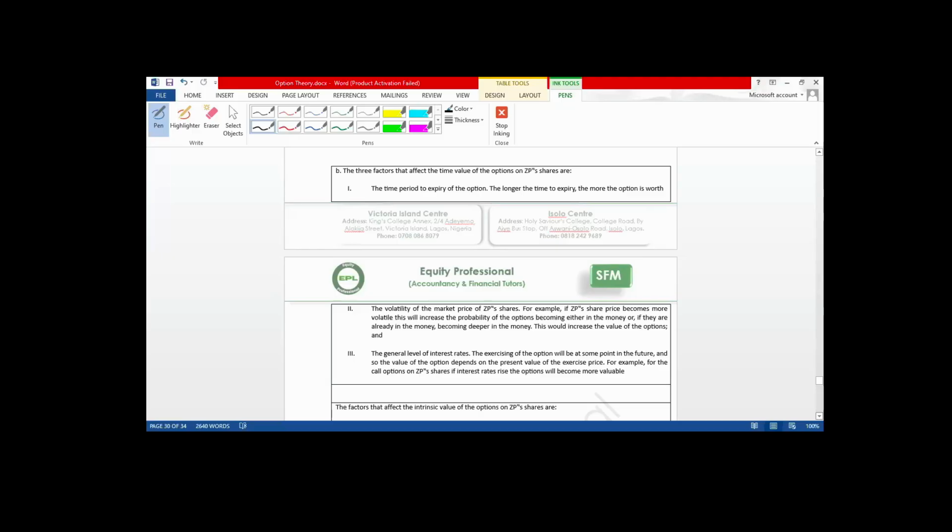What are the factors that can affect intrinsic value?